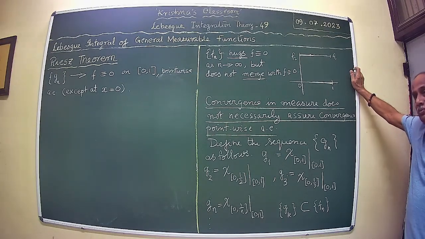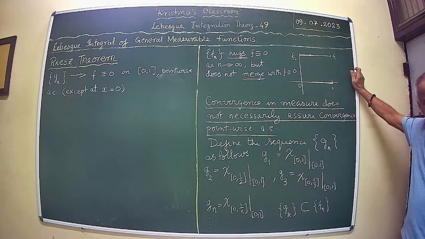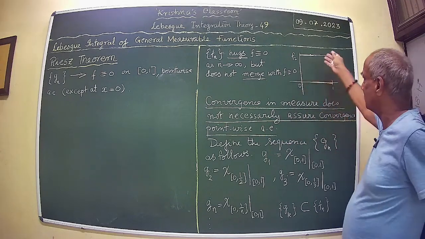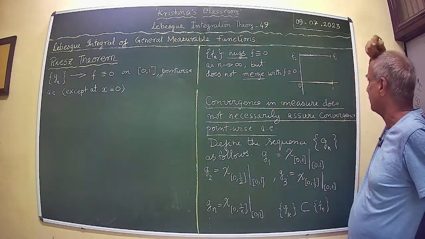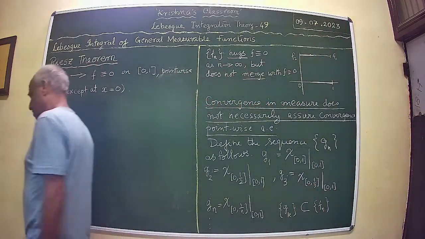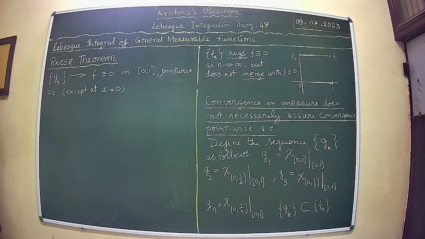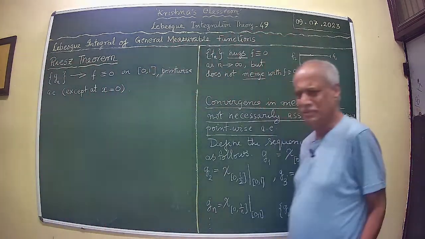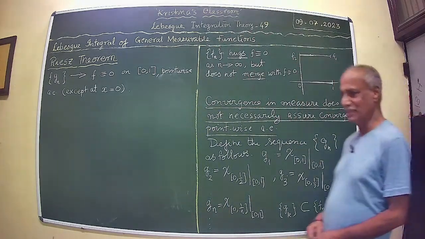Still, you have a subsequence which converges pointwise almost everywhere to f equal to 0. And this is not the only subsequence. You can use the same technique to construct other subsequences. This is quite easy to work with. So I leave it to you to construct another subsequence which does this. I mean, it's obvious.